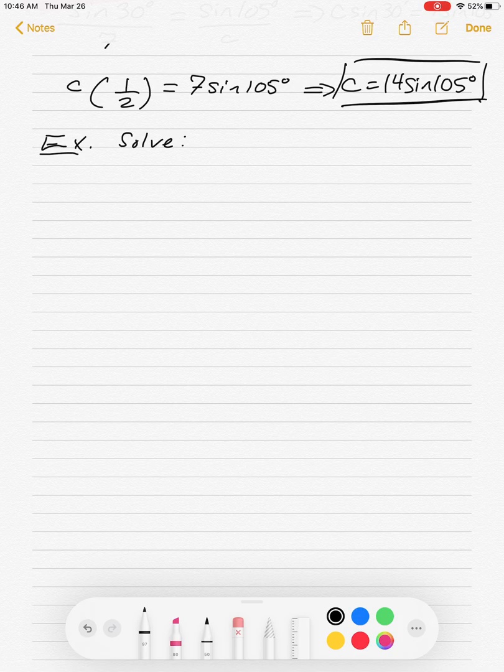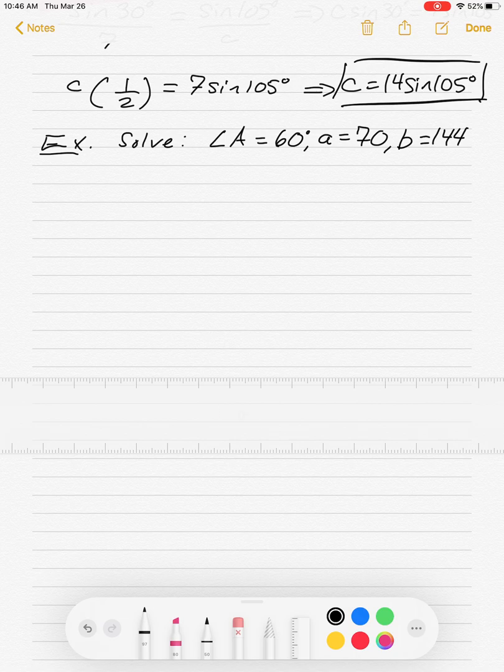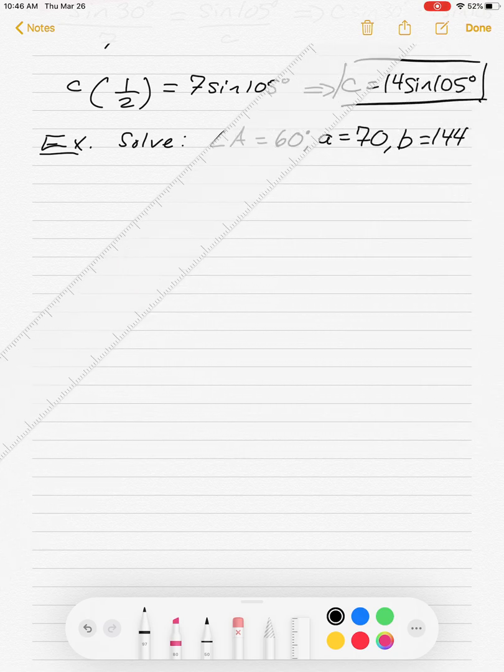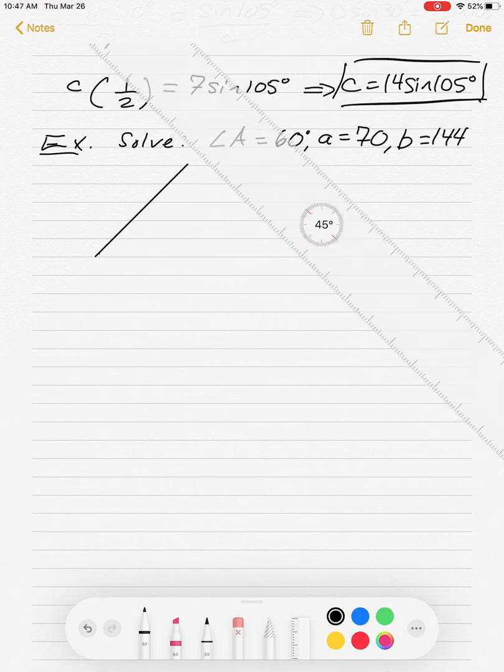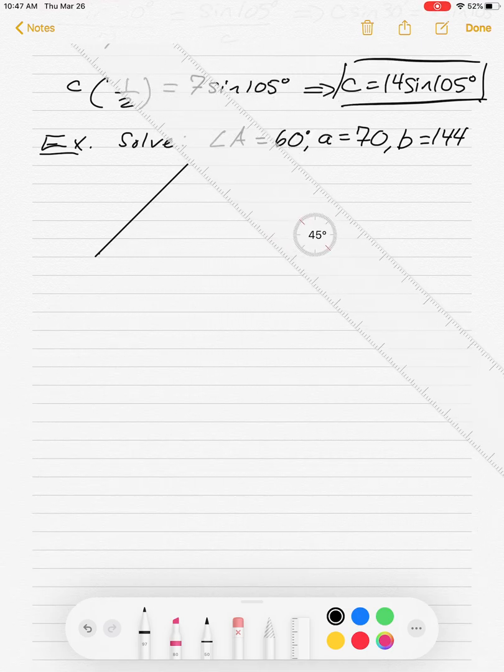So here's another triangle. How about the angle A is 60 degrees. The side A is 70. The side B is 144. So, try my ruler.